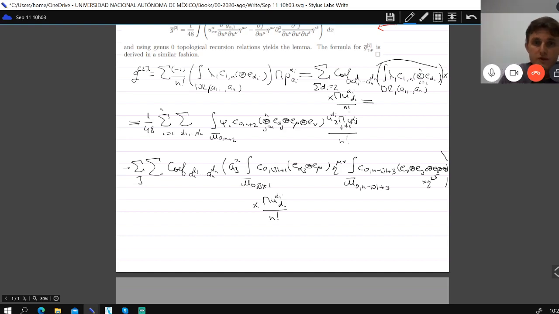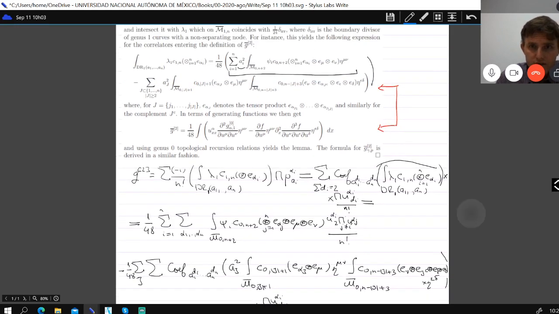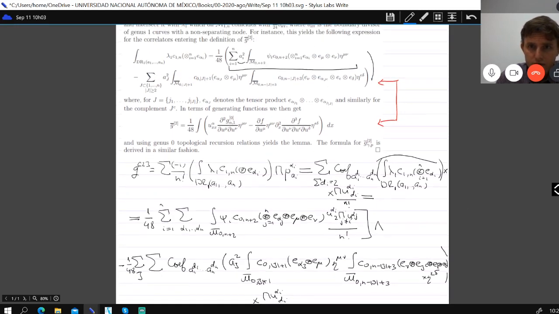So let us first put minus also 1 over 48. Here we should also have 1 over. Let us analyze first the first term, denoted by A capital.